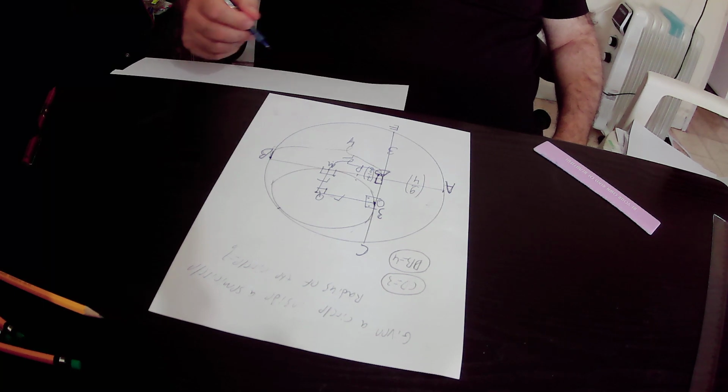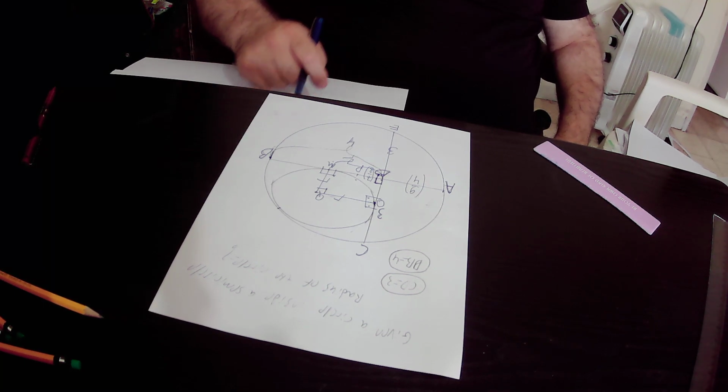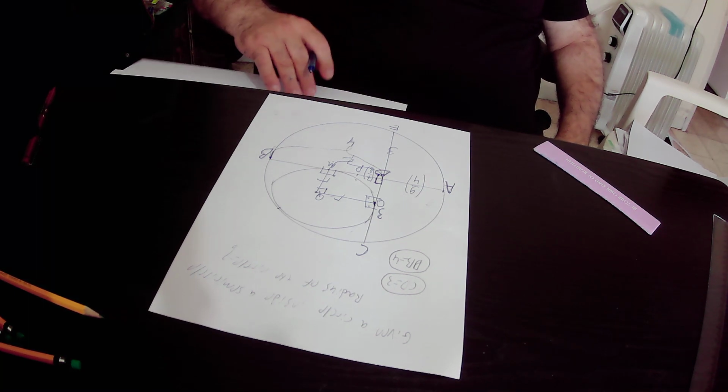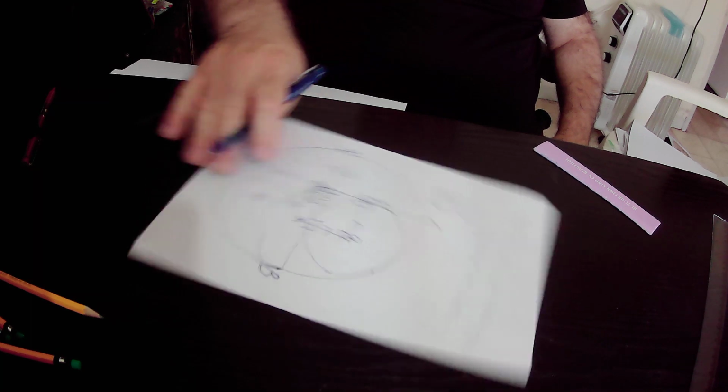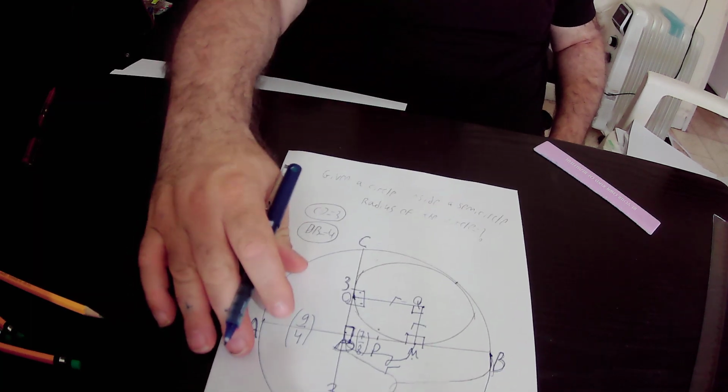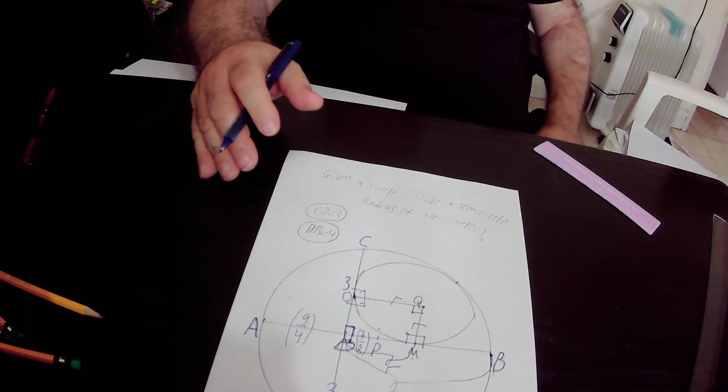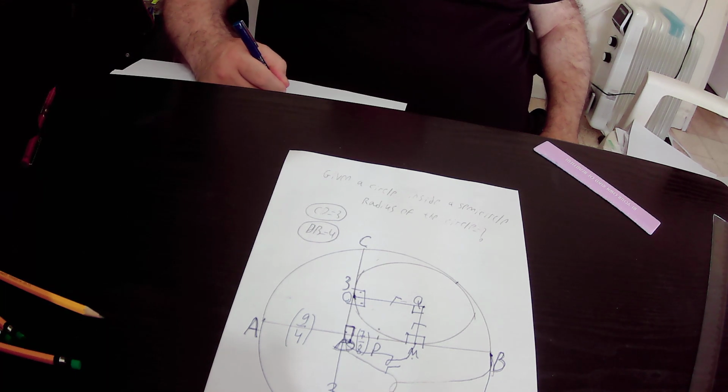Okay, and what is the length of side PM? From the drawing, it is very easy to see that PM equals DM minus DP.